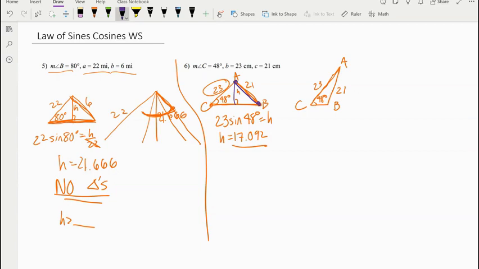I'll call this one a sub 1 and b sub 1. Let's solve for b sub 1 first. So sine of b sub 1 over 23 is equal to sine of C, which is 48 degrees, over 21. Multiply both sides by 23. Do sine inverse.